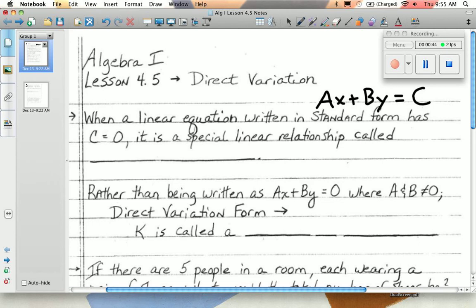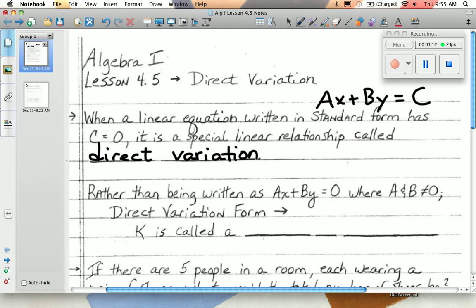Well, when it's in standard form, then we can also talk about if C is equal to 0, or in other words, Ax plus By is set equal to 0, then it's that special linear relationship called direct variation. And what that really means is that x is varying directly with y.